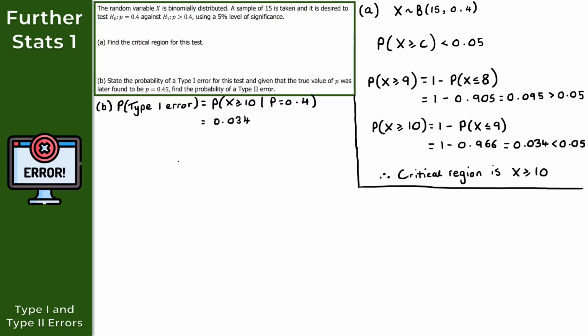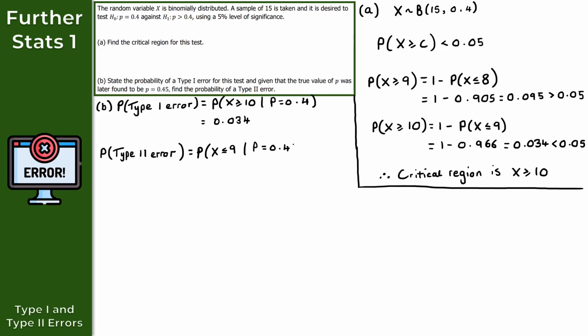We now also need the probability of a type 2 error. So for the probability of a type 2 error, this is equal to the probability that X is less than or equal to 9, in other words, we are not within the critical region here, given that p equals 0.45, because that's what p is later found to be.